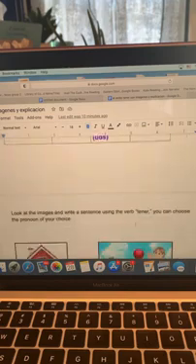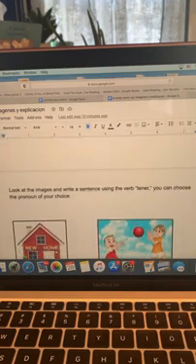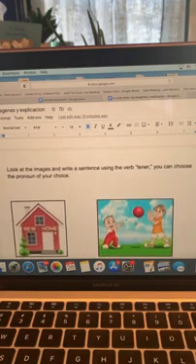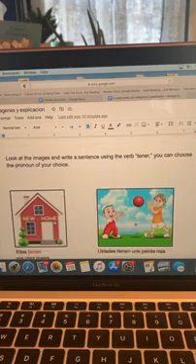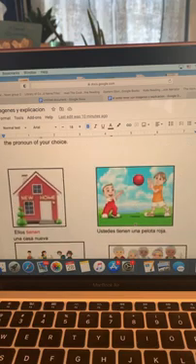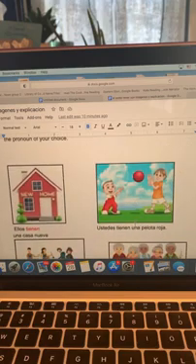Now, what we're going to do, you're going to look at the images and write a sentence using the verb tener. You can choose the pronoun of your choice, but make sure that it matches with the image. Okay? Let's do a couple of examples. The first one.